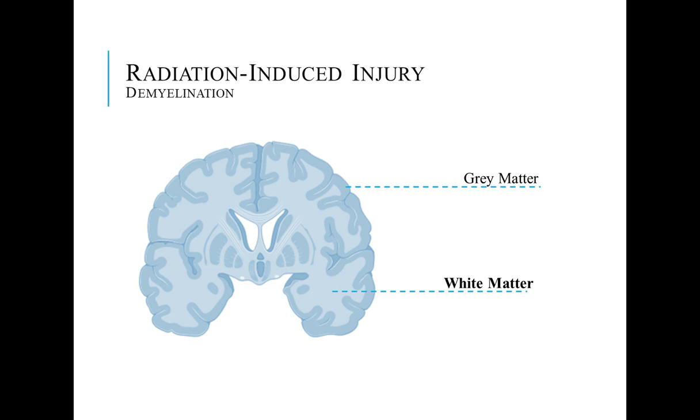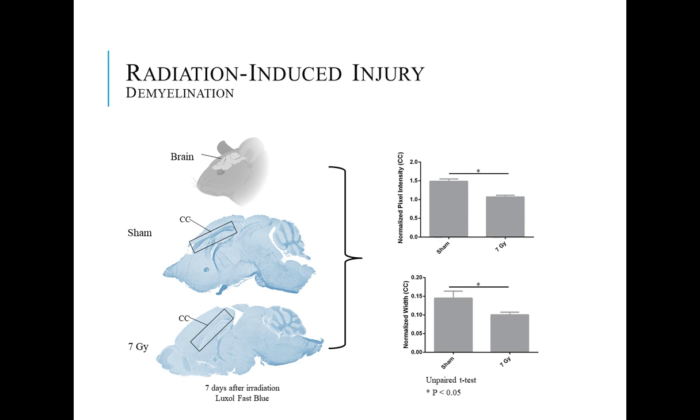This demyelination is marked in animal models and also in humans. Here you can see from one of my studies decreased staining in the corpus callosum. The stain stands for white matter. This is 7 days after 7-gray of X irradiation. The corpus callosum in particular, which I'm staining, is a white matter-rich area.